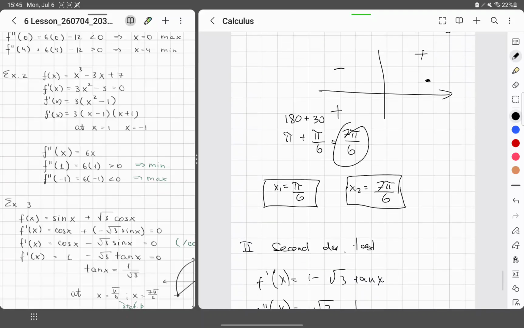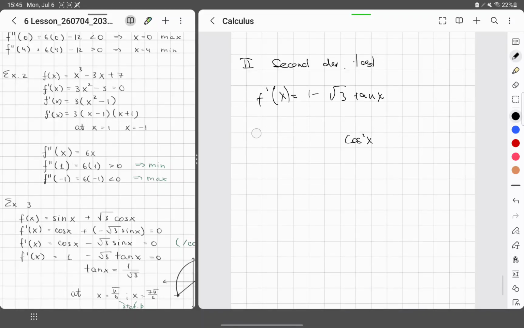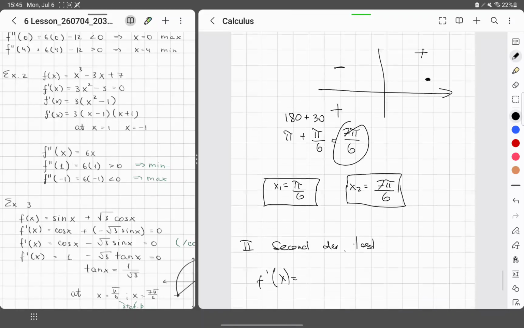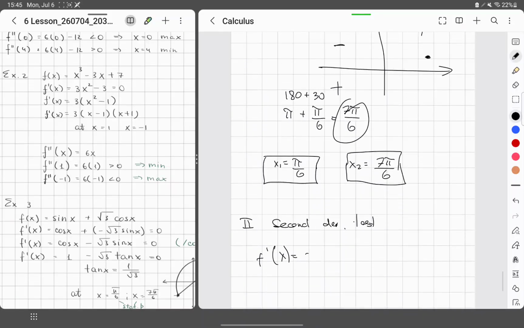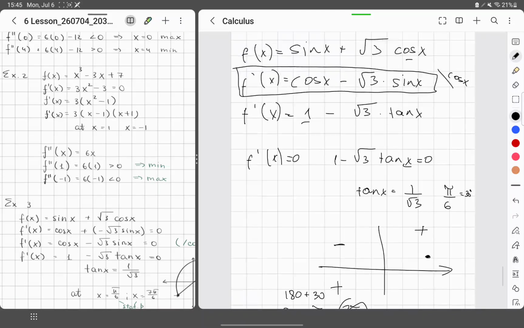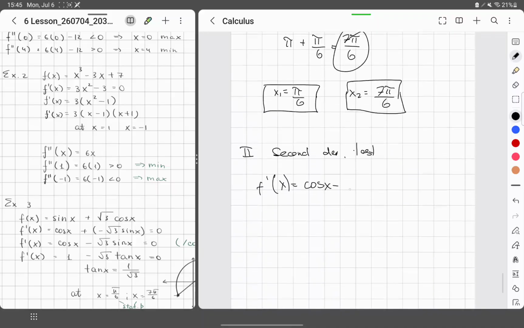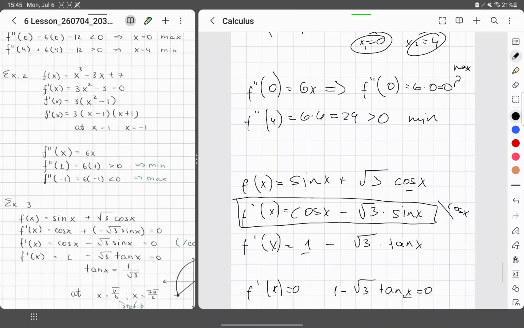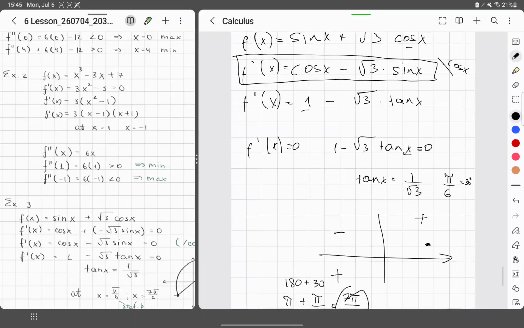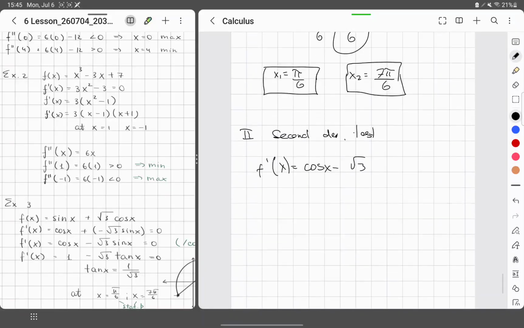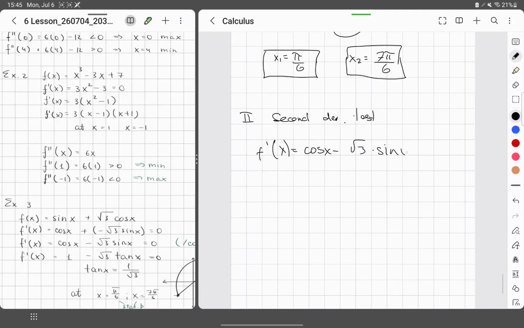So our second derivative: cosine x minus square root of 3 times sine x. So what is the second derivative of this function? Cosine will be negative sine x.